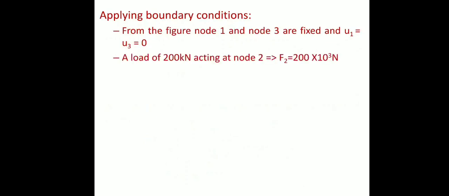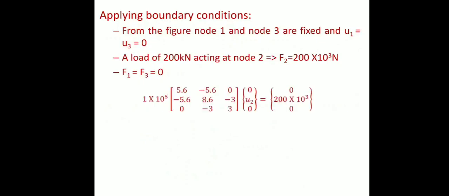And in the problem it is given that a load of 200 kN is acting at node 2, that is F2 equal to 200 into 10 raised to 3 Newton, and at points 1 and 3 no force is applied, and taking self weight as negligible, we can write the equation as 1 into 10 raised to 5 into matrix [5.6 -5.6 0; -5.6 8.6 -3; 0 -3 3] into matrix [u1 u2 u3] with u1 and u3 are 0, so [0 u2 0], equal to f1 and f3 are 0, so [0 200 into 10 raised to 3 0].